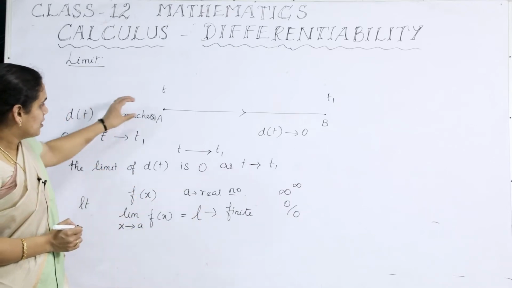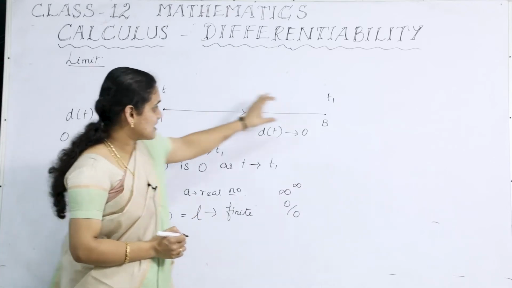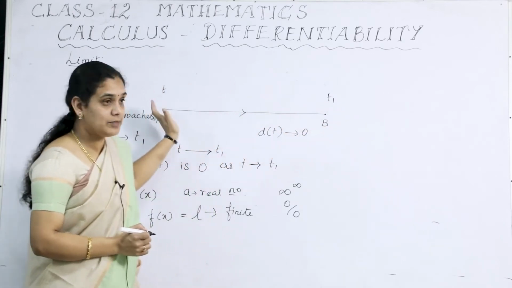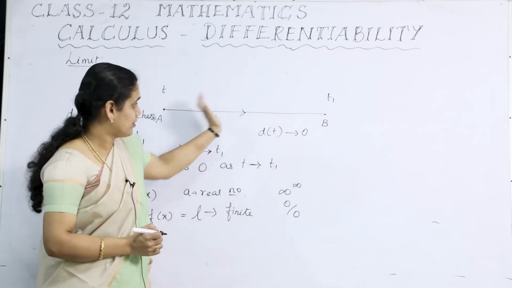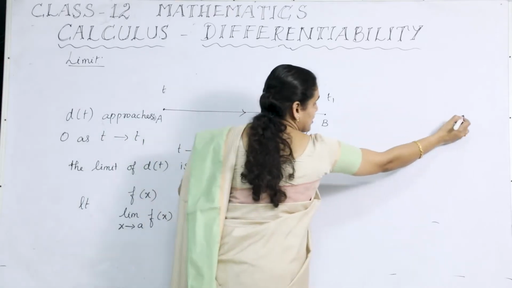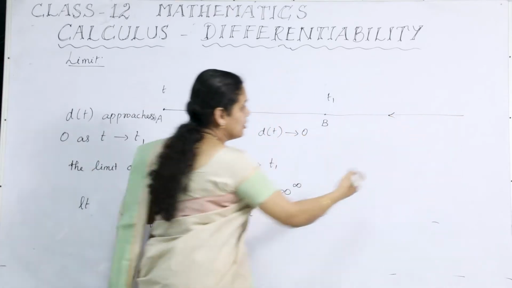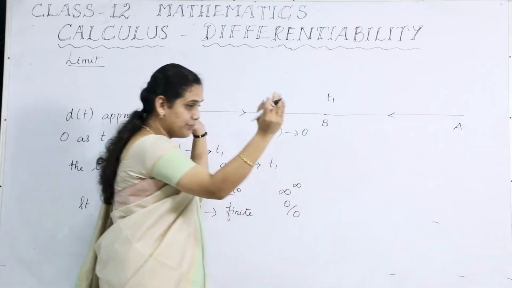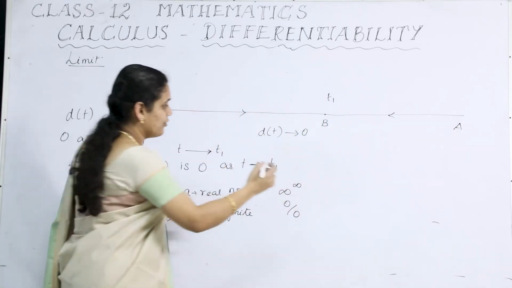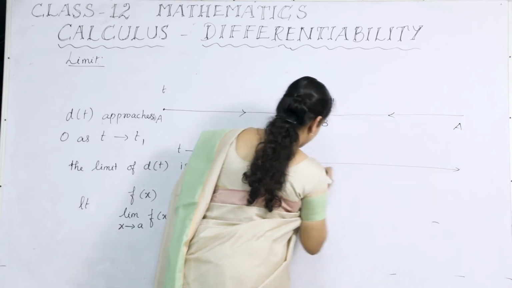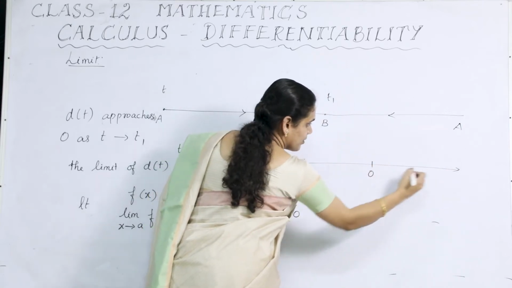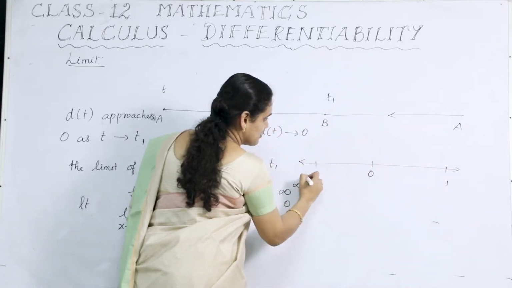Okay. We can reach this destination either from the left side, or we can reach it from the right side also, isn't it? So we can approach this value from either side. So if you take the real number line, this is 0 and this is 1 and this is minus 1.